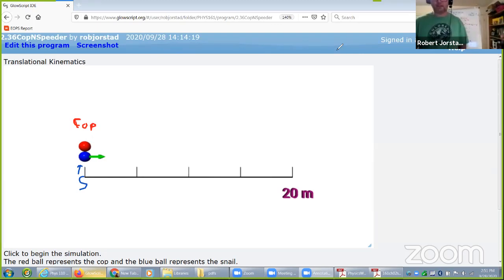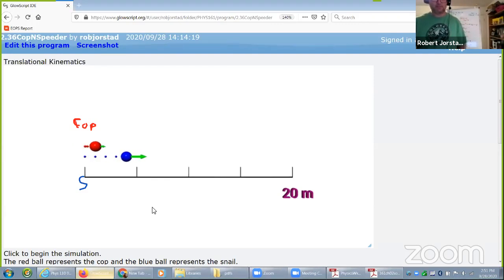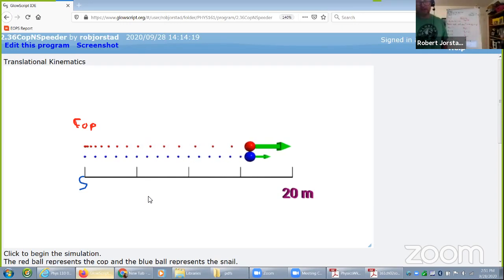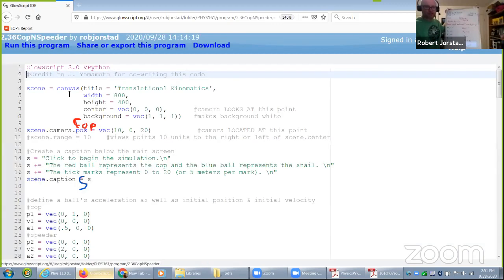So if I click on this, we're going to run this, and I just picked some random numbers. Right at that time, now the cop is catching up and closing the gap. Notice the speed of the cop at the end is actually greater than the speeder, than the snail. Let's run this one more time.